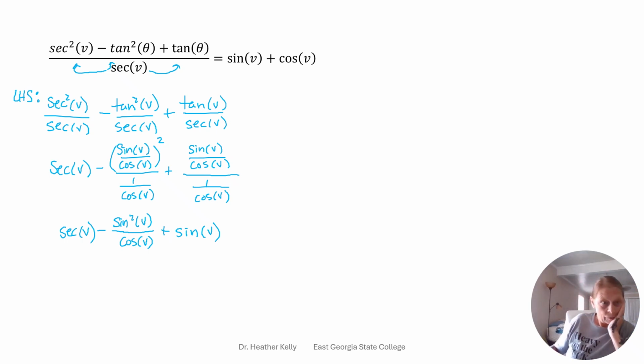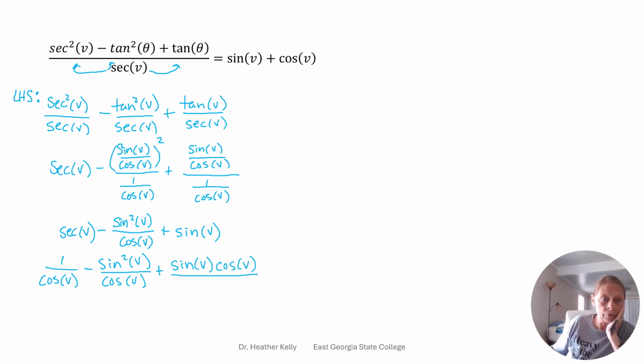So 1 over cosine of v minus sine squared v over cosine v plus our sine v, and I'm going to multiply it by cosine v on top and bottom so we can put it together. What I did here is just the old cosine v over cosine v.